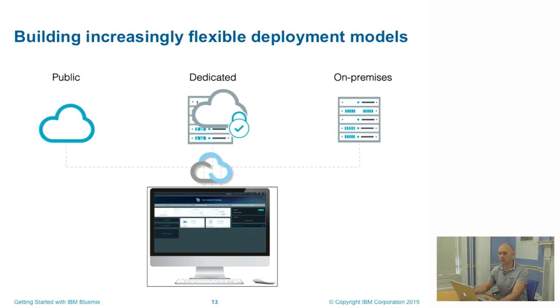And then the other deployment model that we're going to be introducing is the on-premise, where you can set aside certain resources within your own data center and Bluemix will run within that data center. So we've got the public, the dedicated running on our public cloud, or the option to move Bluemix onto your own premises.